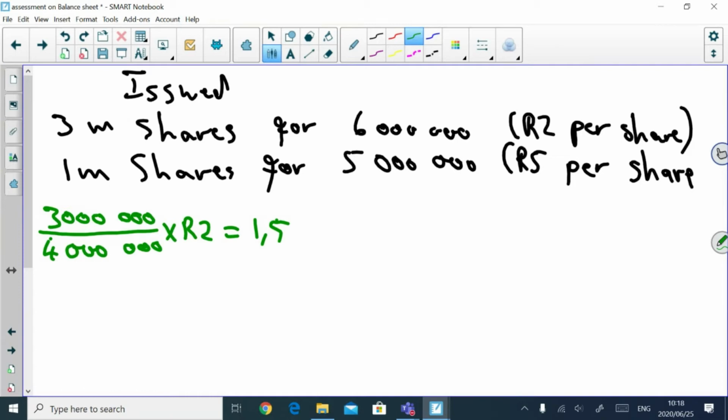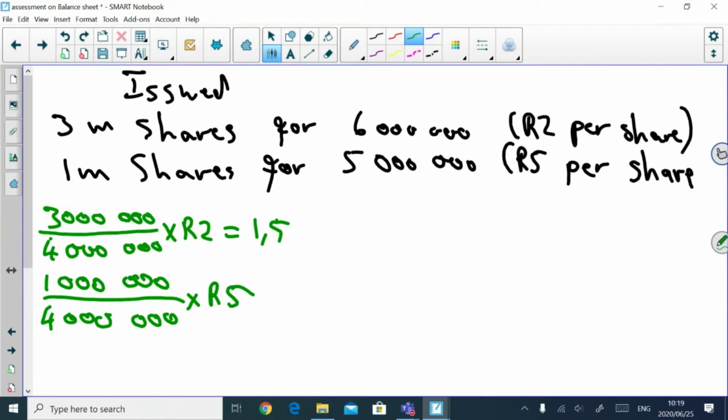You're not done calculating the average price per share. Then 1 million over the total 4 million, times the price per share that was sold, to calculate the average price for the ones that are sold. That is 5 rand.